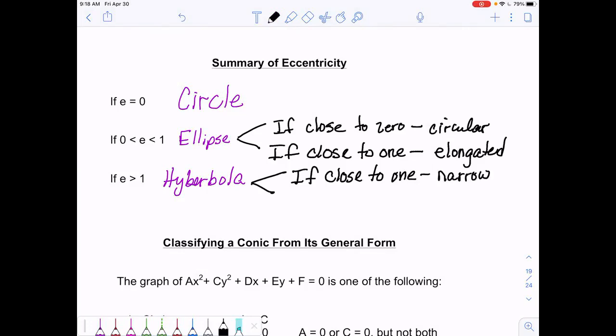The branches are going to be narrow. So the closer the focus is to the vertex means the more narrow the branches will be. If E is large, that means my focus is way apart, further away from the vertex, and we have wide branches.